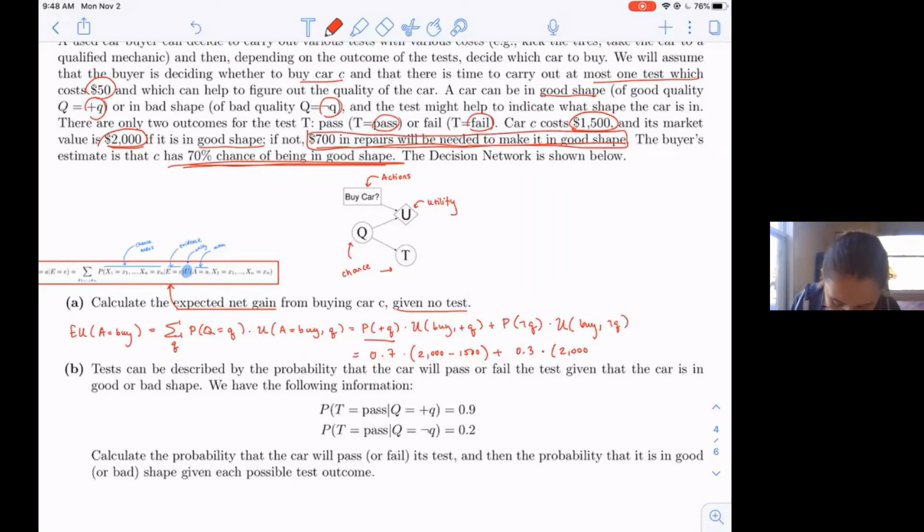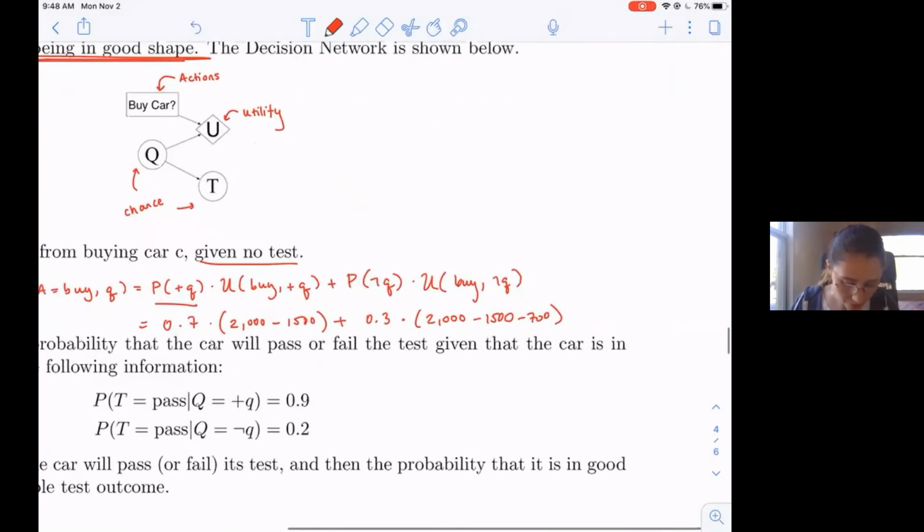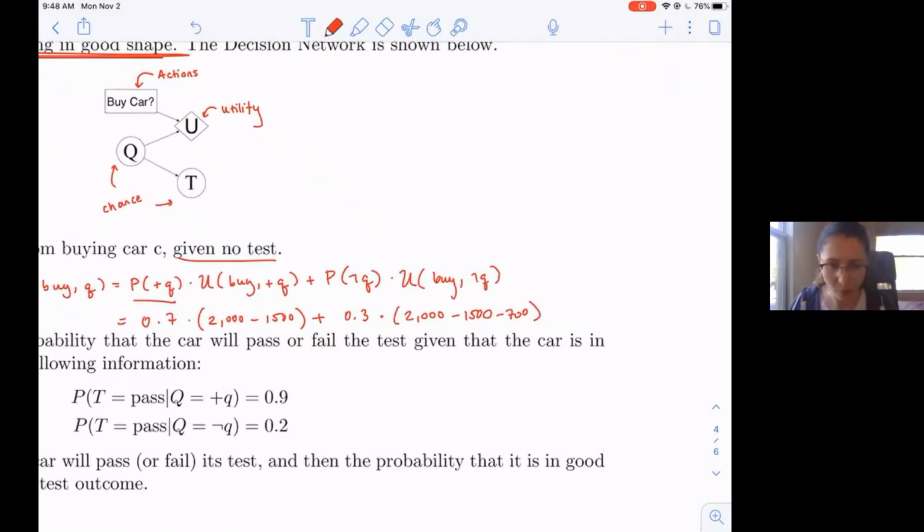So that means that we're going to have to spend $1,500 and an additional $700 to get the car into good shape so we can sell it for that market value of $2,000. And so now if we consider these in total, what we're going to finally get is a total expected utility of 290. Note here that we actually lose money in this case if we decide to buy and the car is not in good quality, because we'll be essentially losing $200, while in this case we'll be actually making $500.